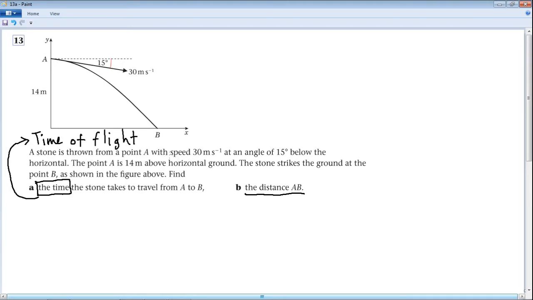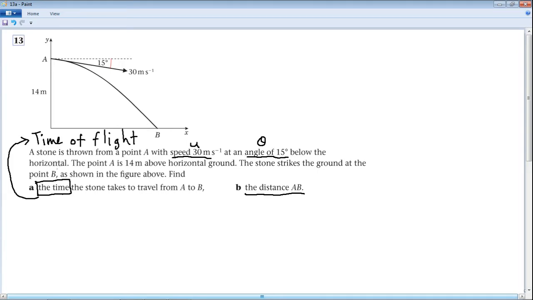If we analyze, we can see that this speed is called u, the initial speed. This is the angle of projection, which we can name as theta or alpha, anyone will do.